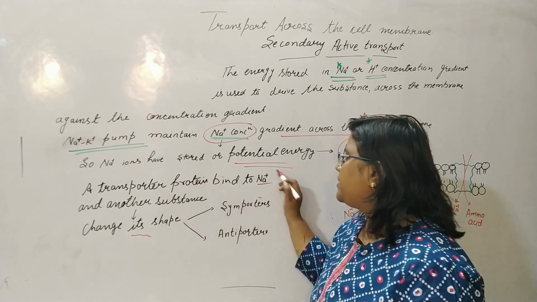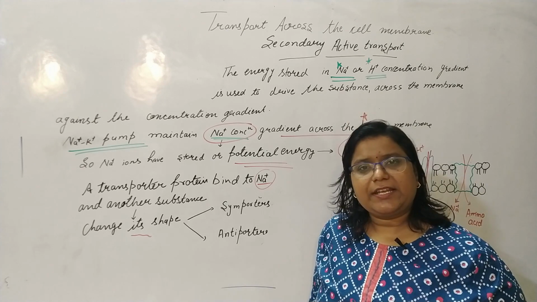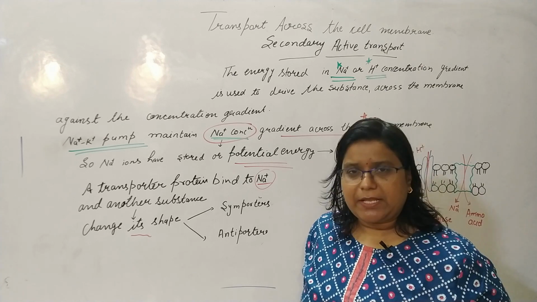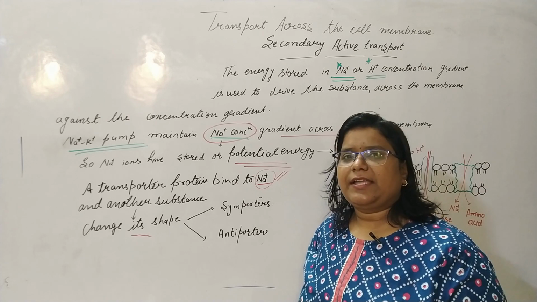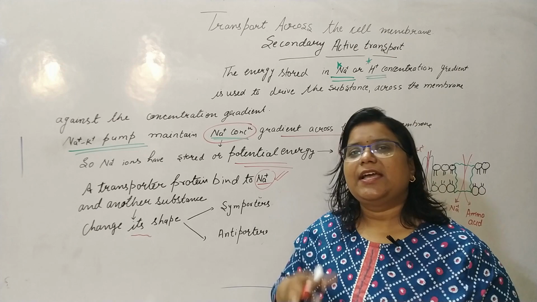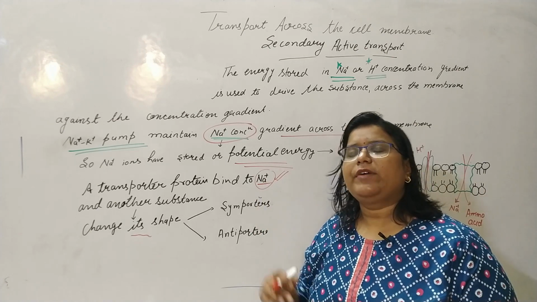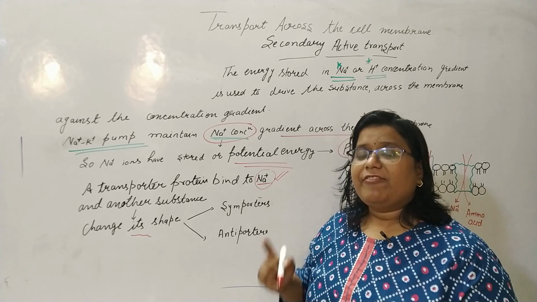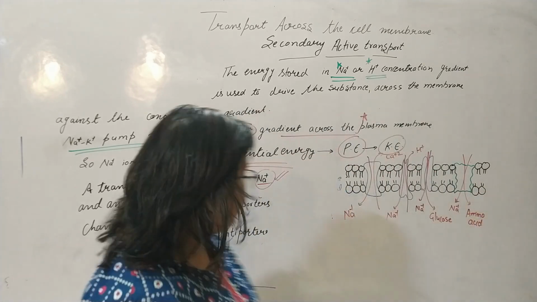So a transporter protein binds to the sodium and another substance. With the help of this potential energy, the change in the shape of the pump protein takes place. So the sodium ions and the other ion bind with that pump protein, and either they move in the same direction or they move in opposite directions. If they are moving in the same direction, they are named symporters.